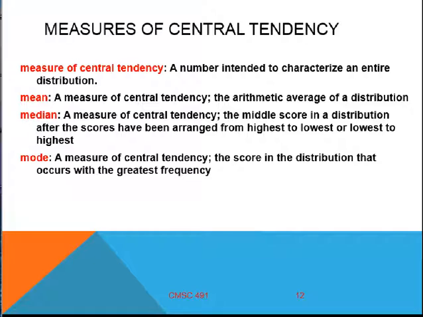So a number that characterizes the middleness of an entire distribution is a measure of central tendency. The mean is calculated by summing all the numbers in a distribution and dividing by the total number of scores.